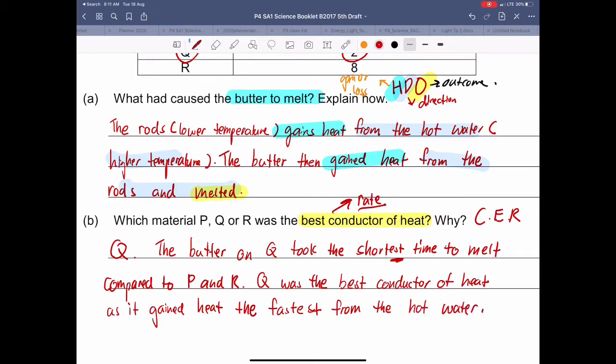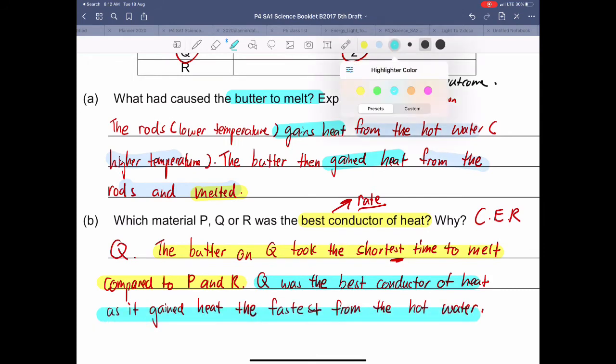So this is actually your reason or your explanation. So this one is prior knowledge. Okay, because you know that a good conductor of heat will allow heat to travel very quickly. Okay, so I'm going to color code it once again so that it's more succinct for you. Okay, so this part over here is, oops, sorry. Give me a minute, let me undo this. This is your evidence. This is your reason. And then this is your claim.